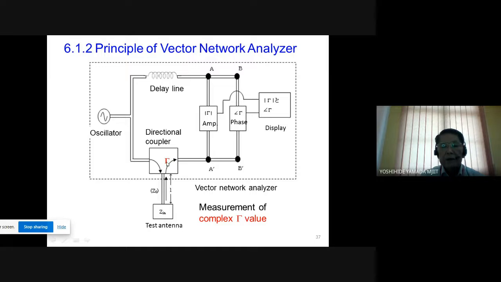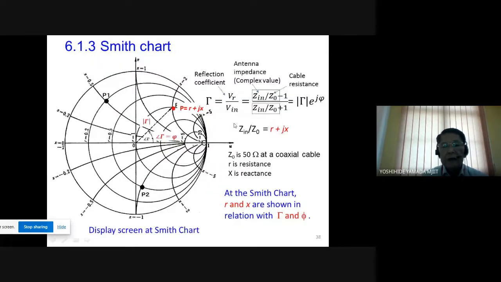So the reflected wave is converted to an amplitude value and a phase value. The amplitude and phase values are expressed on the Smith chart, like this one. This radius is amplitude, and this angle is phase. So the measured data is shown on the Smith chart.